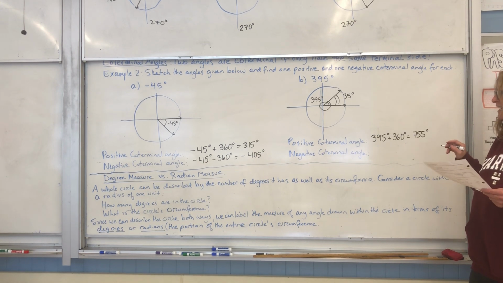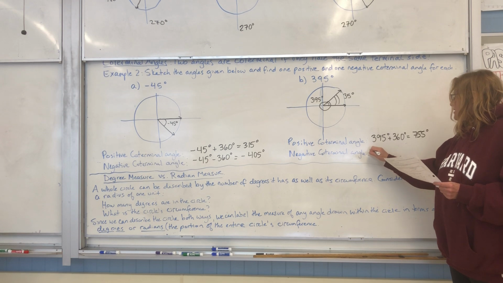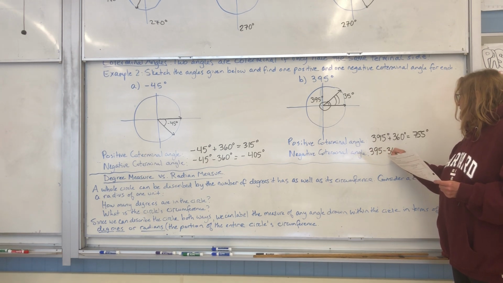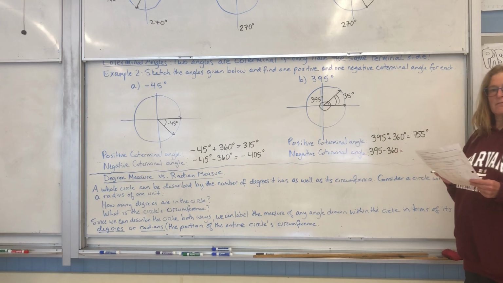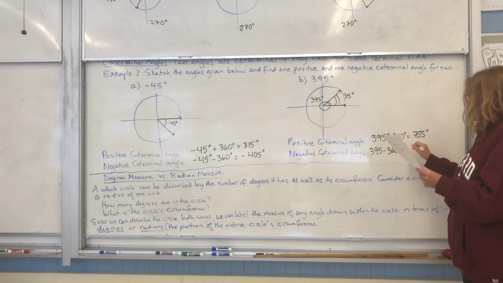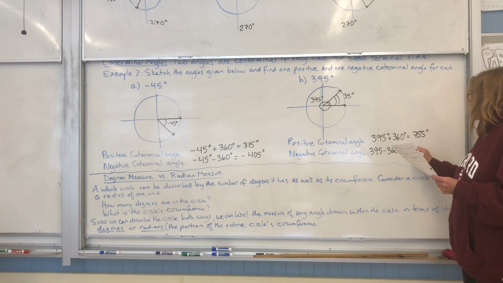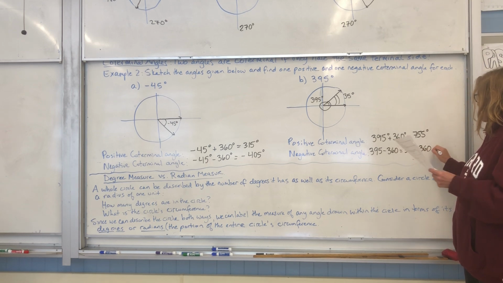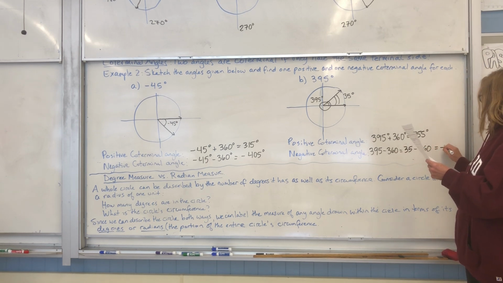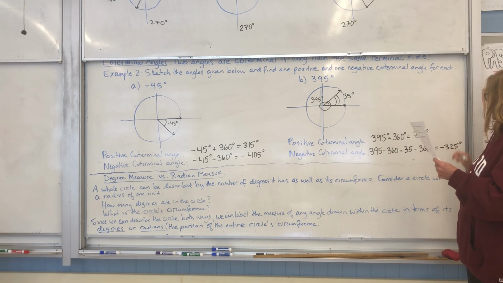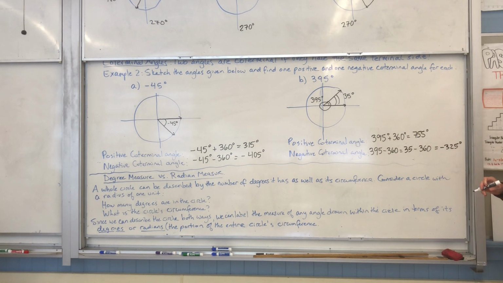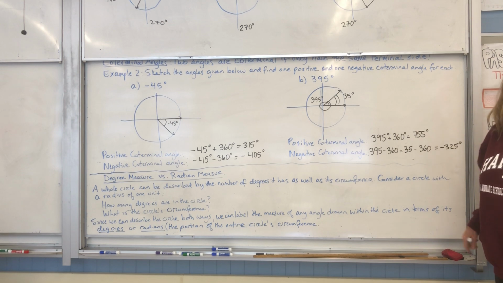To get a negative coterminal angle, what happens if I subtract 360? Am I in negative land yet? Not yet, right? So what I need to do again, I need to subtract 360 again, right? And then I'm in negative coterminal land. Right? Sometimes it takes more than one minus 360 or plus 360.